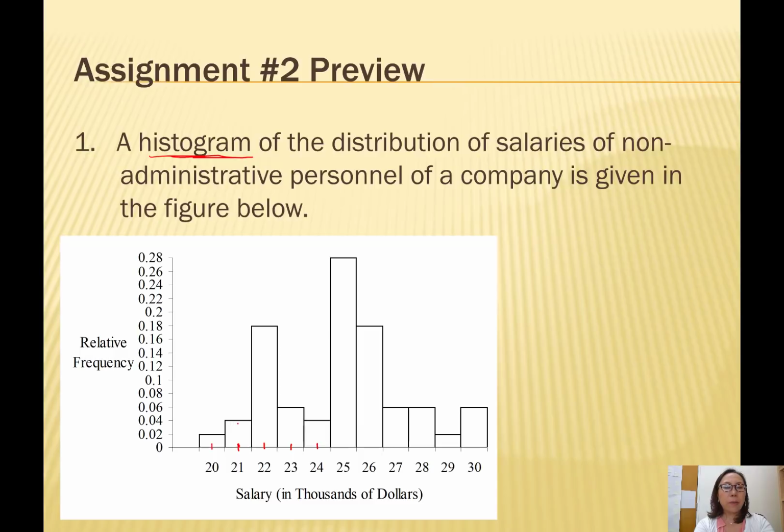So to think about the salary bracket of this particular bar, we're actually talking about halfway below this, which would be 20,500 to 21,500. Okay. So that's how we want to read the graph.